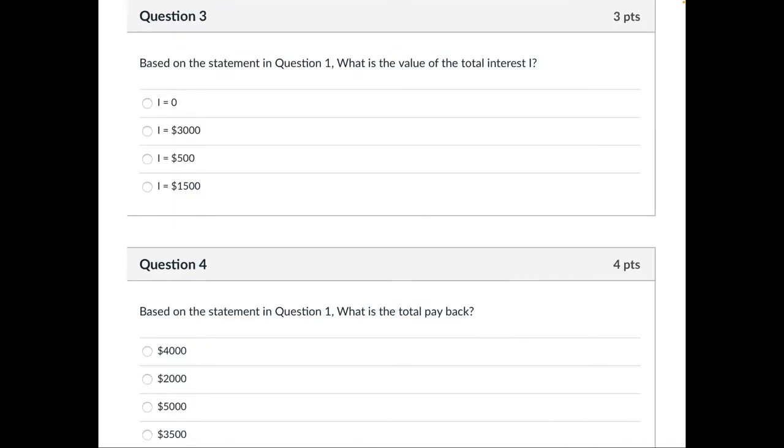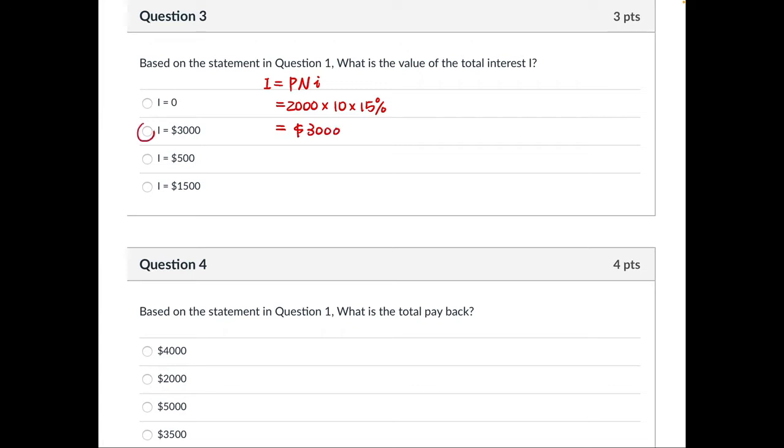And based on the statement in question 1, what is the value of the total interest? So if you selected the right formula, I equals P, n, and lowercase i, you just substitute the letters with the numbers 2,000, 10, and 15%. And what you have is going to be 3,000.